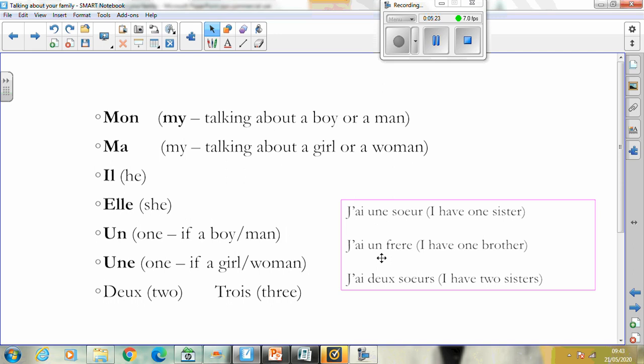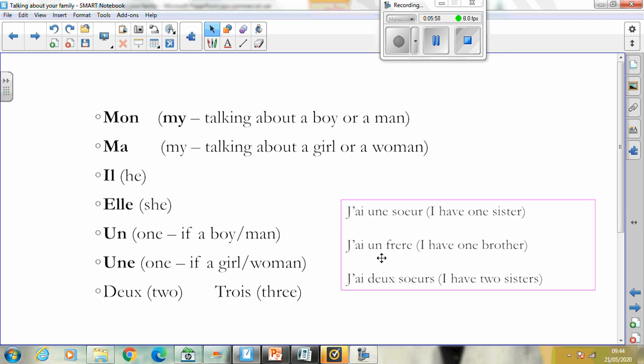Okay, I'm going to give you another little test now. If you wanted to say, I have two sisters, what would it be? It would be j'ai deux sœurs. What about I have one sister? J'ai une sœur. I'm going to challenge you now.